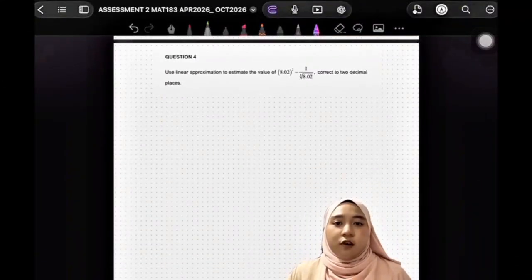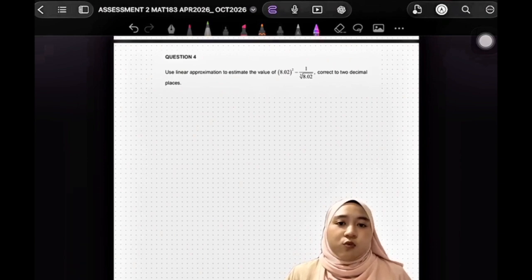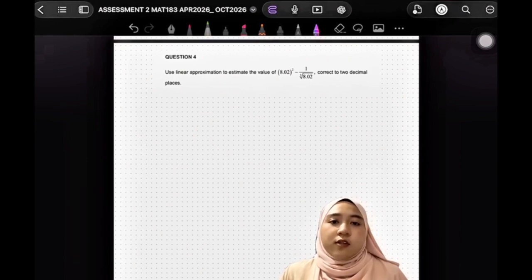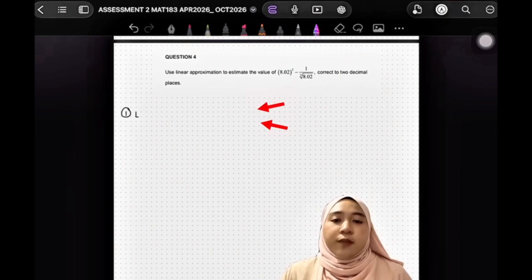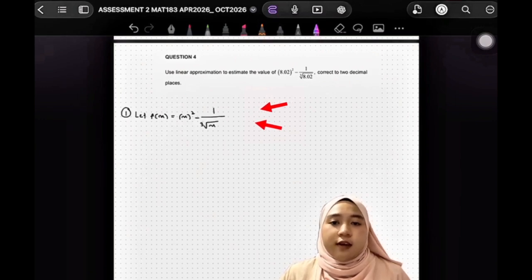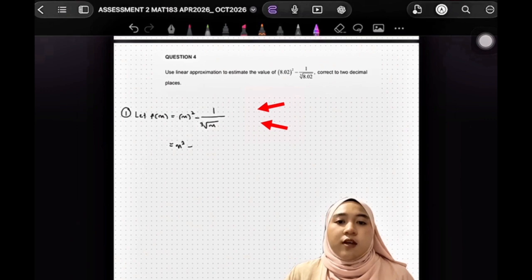For question 4, use linear approximation to estimate the value of 8.02 squared minus 1 over the cube root of 8.02, correct to 2 decimal places. The first step, you have to replace the number with x. So it becomes x squared minus 1 over the cube root of x. Then we write the cube root as a fraction power, so it becomes x squared minus 1 over x to the power of 1 over 3.